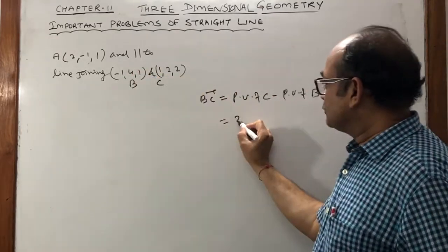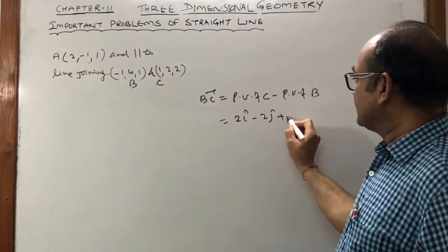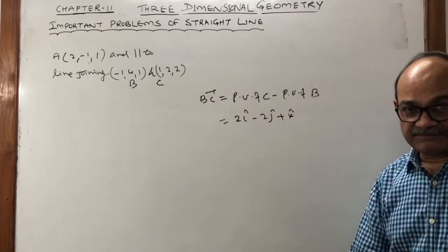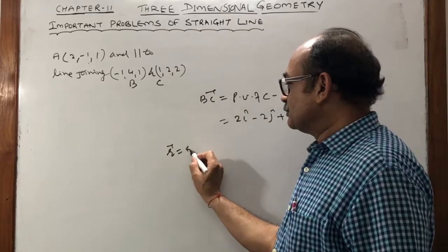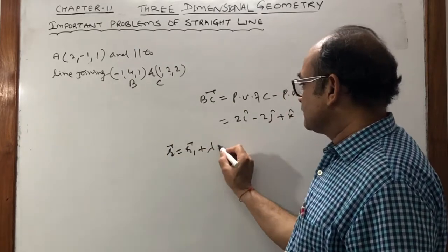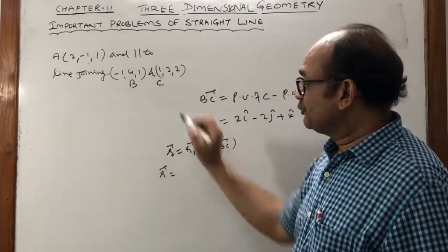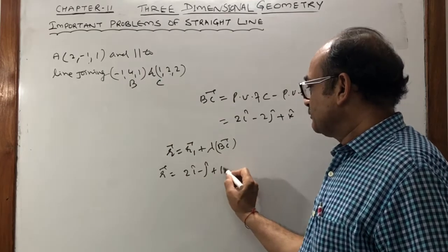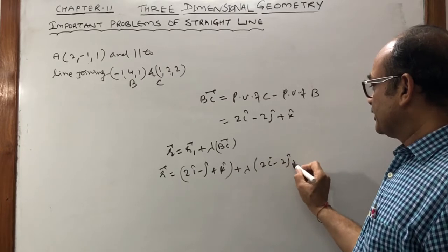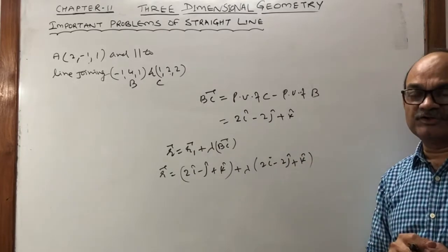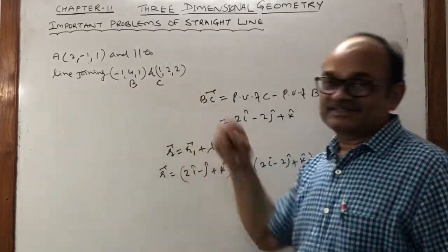This minus this 2i, this minus 2j, and this minus this k will be the vector BC. And a line parallel to vector BC, it means the required line is r = r1 + lambda times vector BC. What is r1 given to you? 2i - j + k + lambda times (2i - 2j + k). Indirectly, DRs are given to you, but you have to apply the formula. How do we calculate DRs when 2 points are given to you.